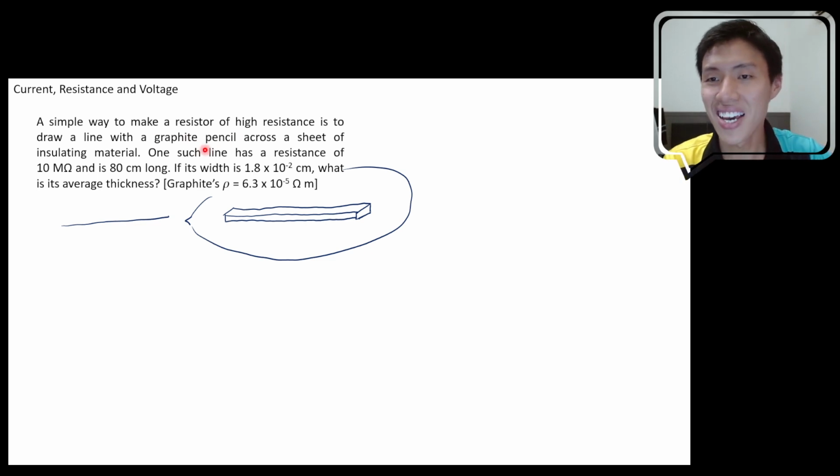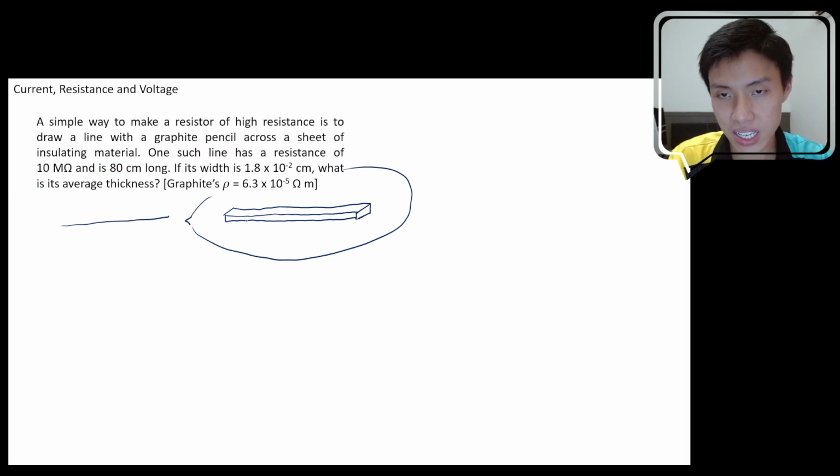Okay, never mind. One such line has a resistance of 10 mega ohms. So this line in particular has a resistance of 10 mega ohm and it's 80 cm long. All these things come with prefixes, so you have to change them into SI units. 10 mega ohm, mega is times 10 to the power of 6.